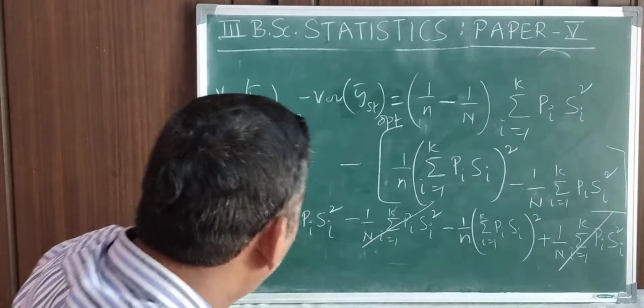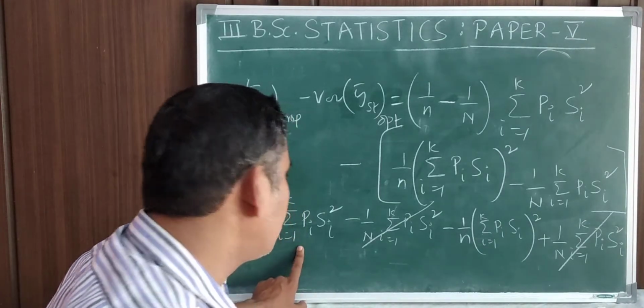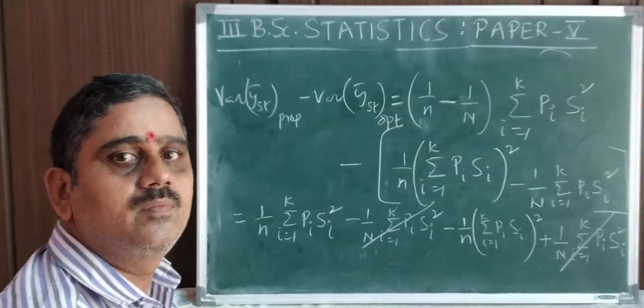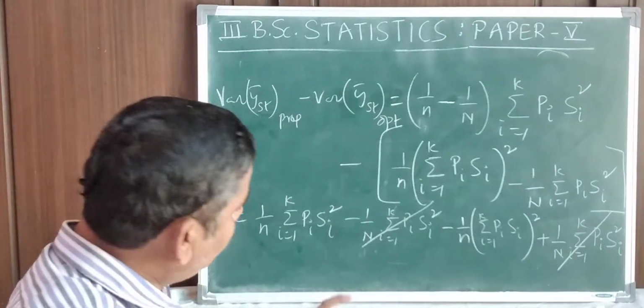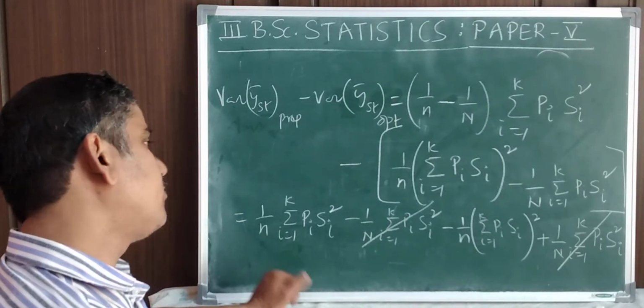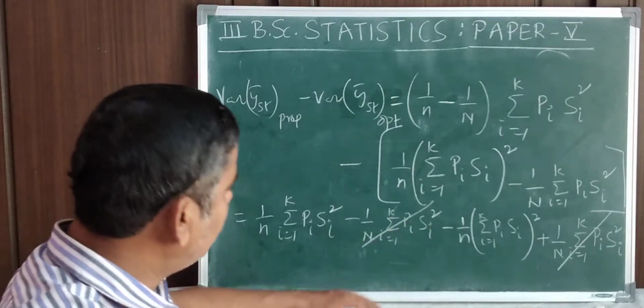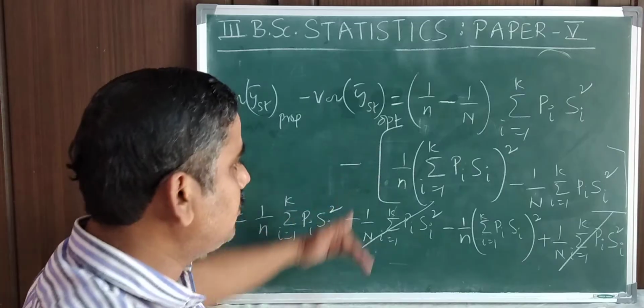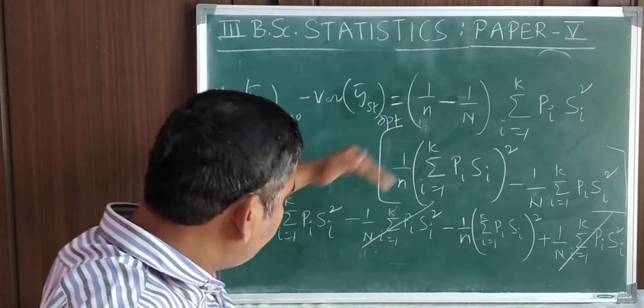Therefore we have the terms 1 by n summation Pi Si square minus 1 by n summation Pi Si whole square. If we take 1 by n common, these are the two terms left. Have you understood this step?